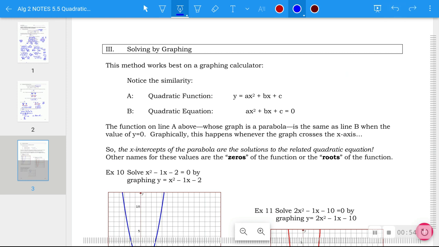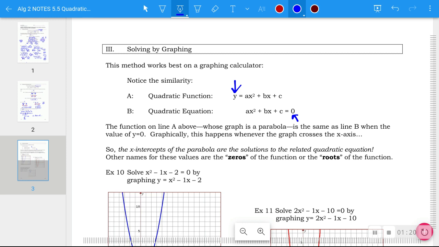What I want to point out here is that these are exactly the same with one minor change. On this side, the top one says equals 0, and this side here, it says y, and on this one here it says 0. So we have a y on one and a 0 on the other.